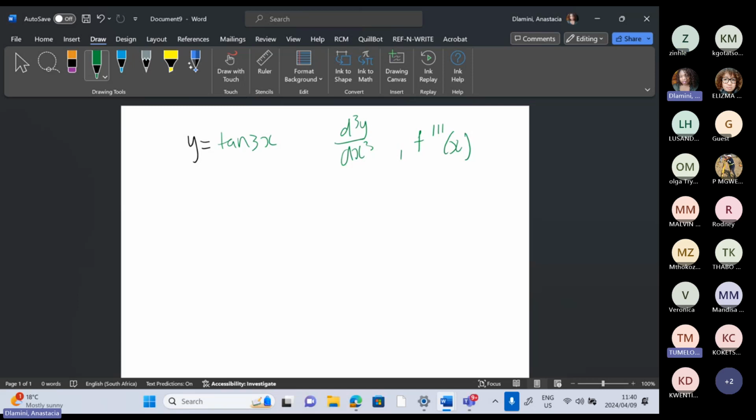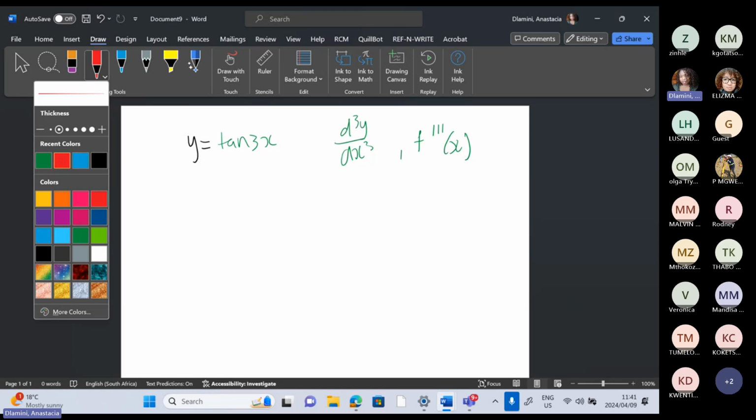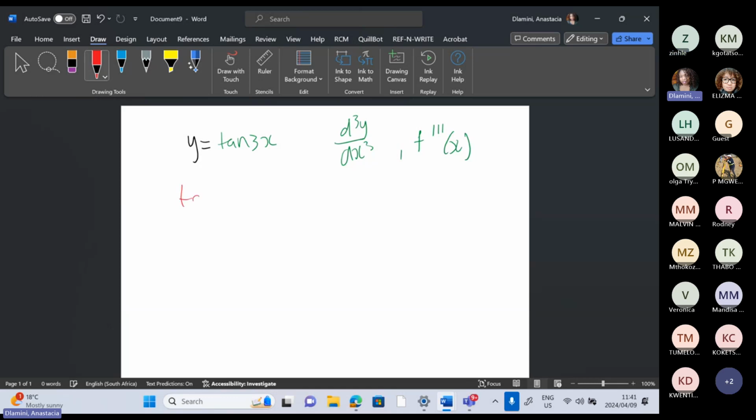They say it's number 1, 2, 3, 4, 5, 6, 7, 8, 9. Row number 9. If you have the function tan of f of x, then the derivative will be sec squared of that function f of x times the derivative of f of x. That's what they're saying.